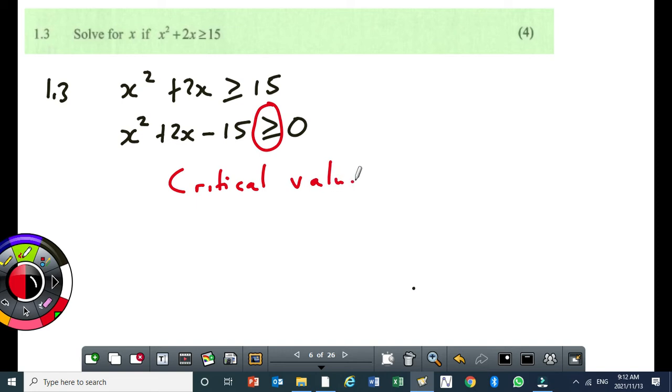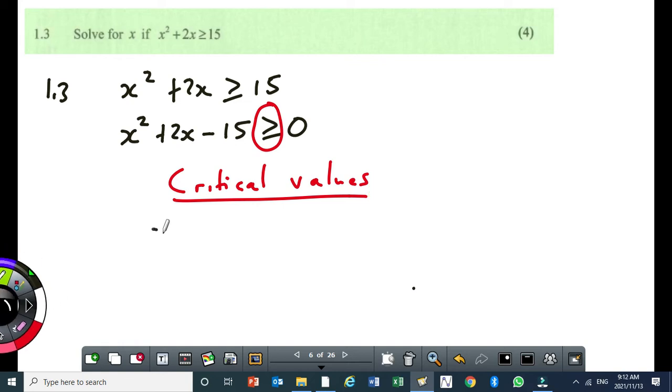So your critical values, you get them by factorizing that. If you factorize it, you get x plus 5 times x minus 3 equals 0. Well, in this case, since we just want to find the critical values, I can put an equal sign.